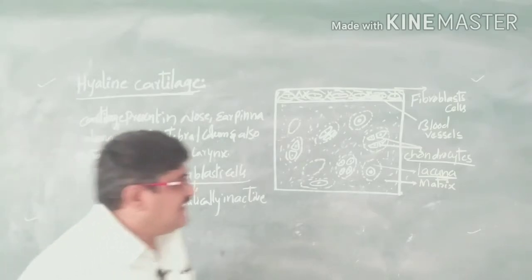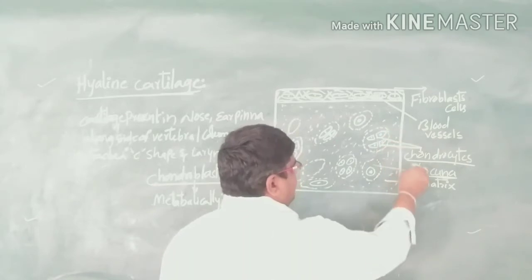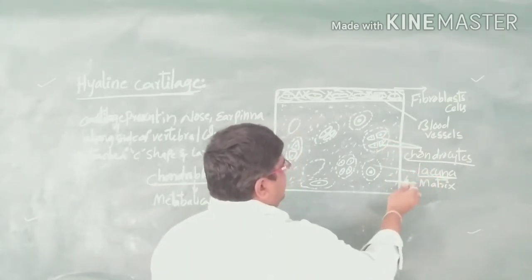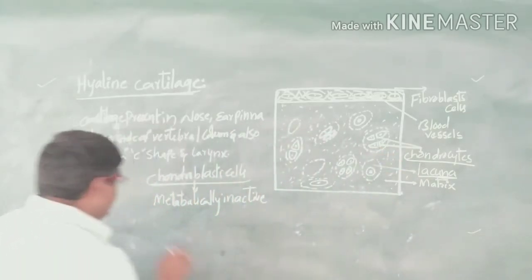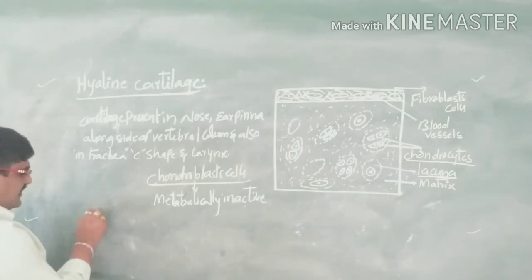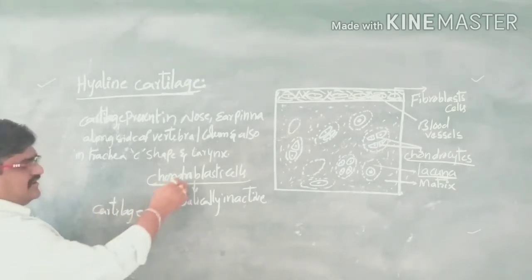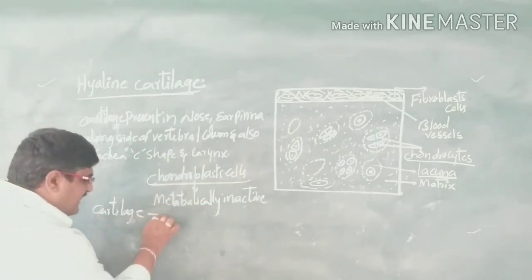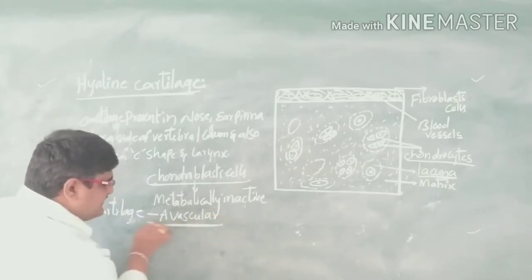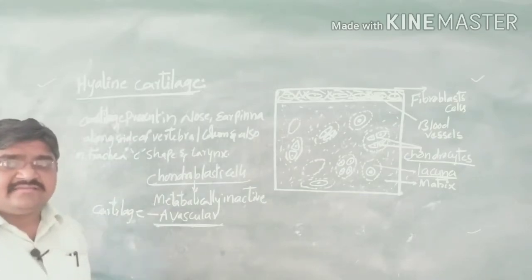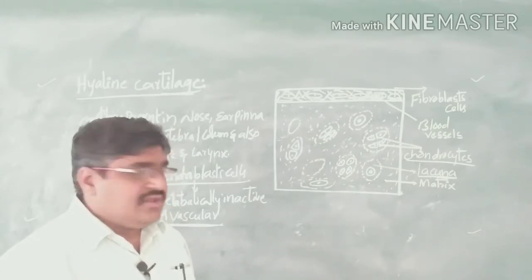And these chondrocytes are surrounded by the lacunae. The cartilage is avascular, which means a direct blood supply does not take place.